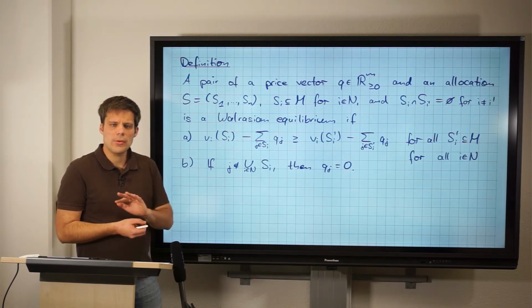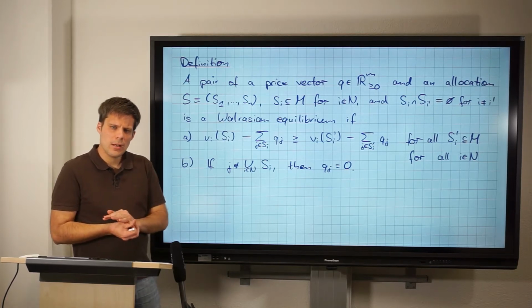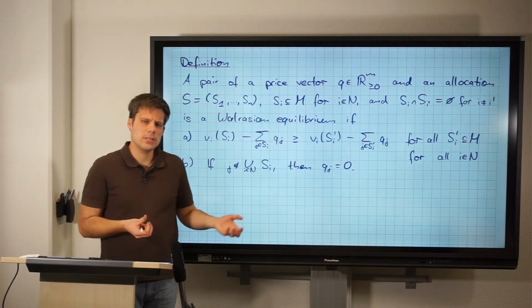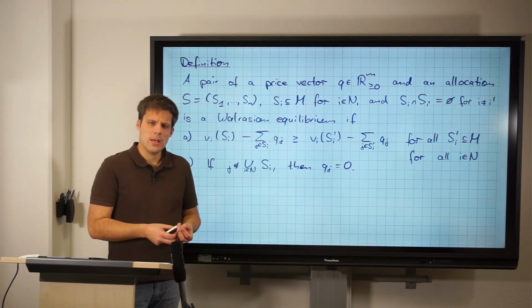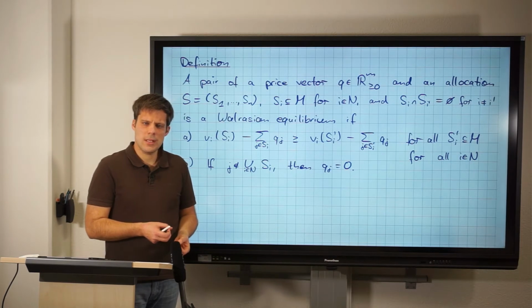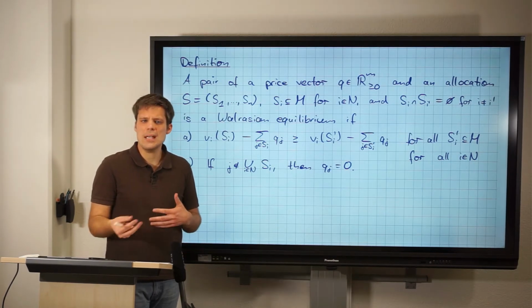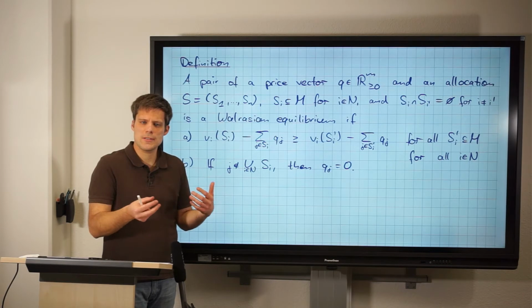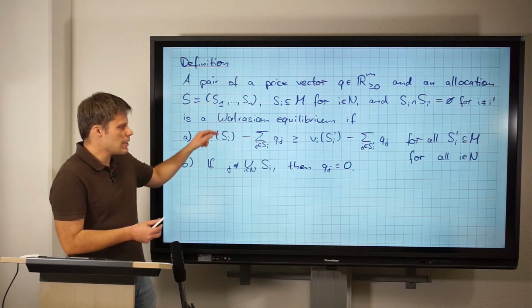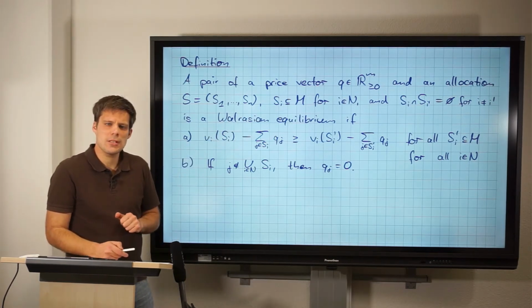This is maybe a more technical condition, which will turn out to be useful later. But the point is that if nobody is getting an item, then it should have a price of 0. This combines with the first constraint.